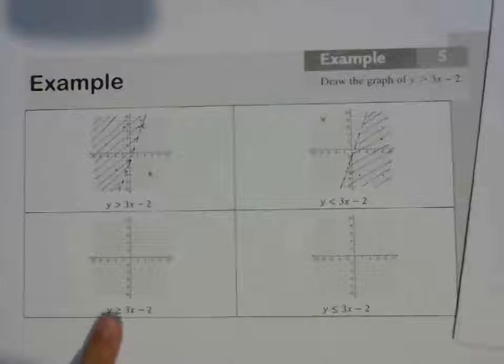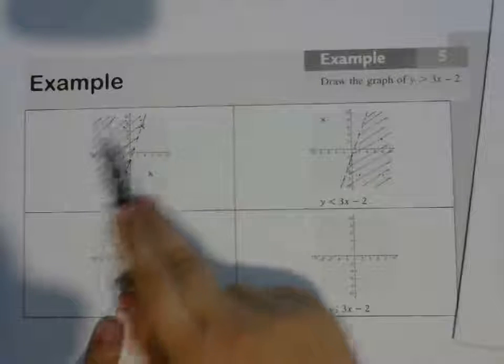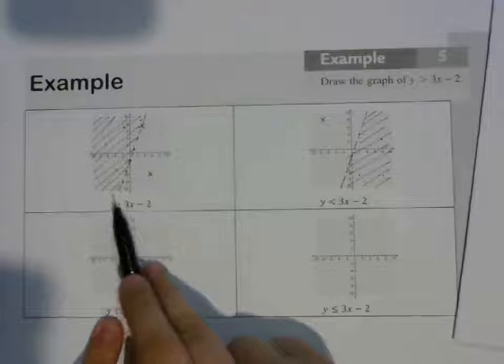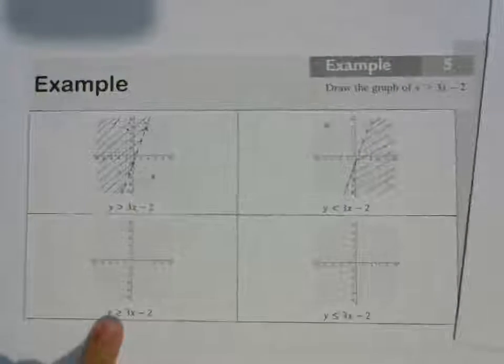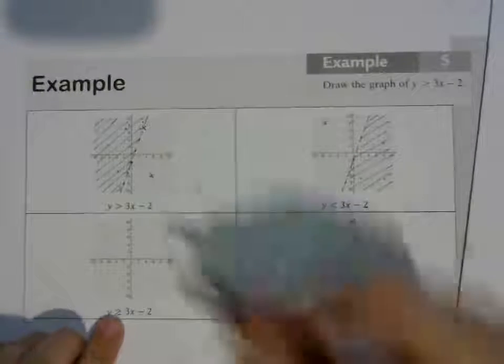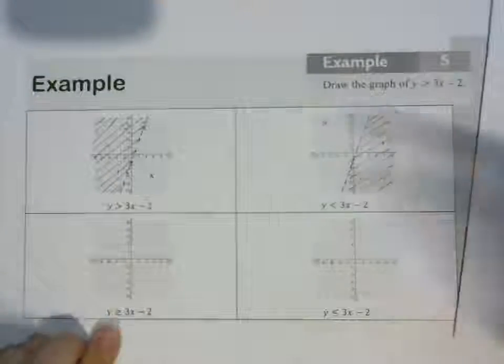Now when we've got a greater than or equals, or a less than or equal sign, we've got the same deal. So y could be any value in this region, plus it could be anywhere on that line. The way we represent that is by using a solid line as well as the shaded area.